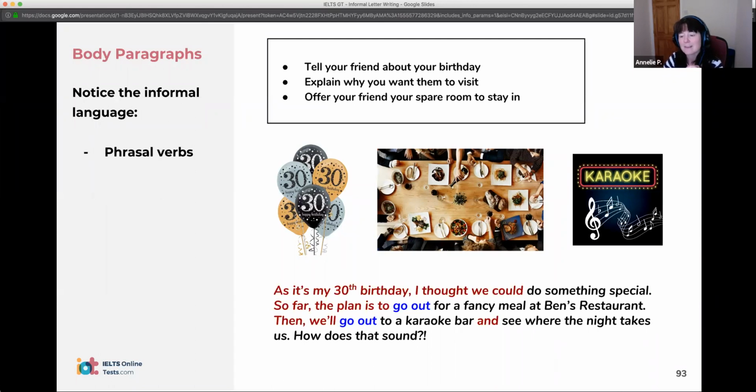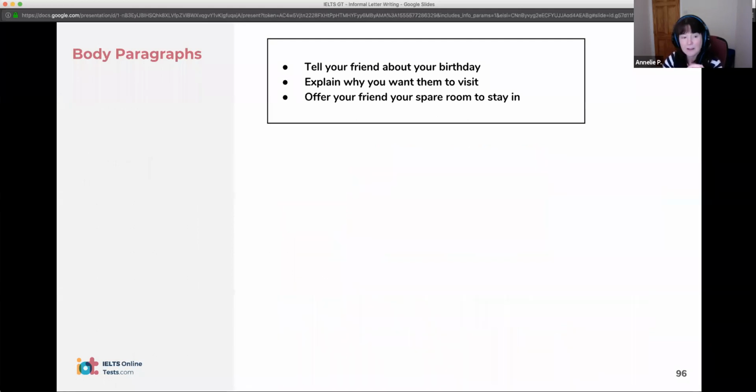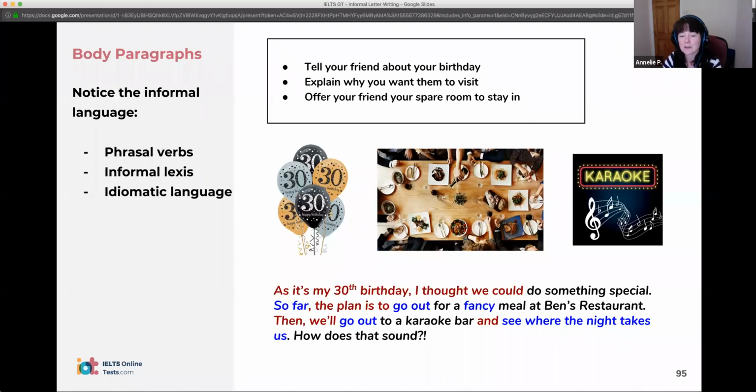Okay. How does that sound? Very good. So we've got informal vocabulary like fancy so far. Very good, Melissa and Elia. And idioms like see where the night takes us. It's great. Very good. We've also got contractions as we talked about before.